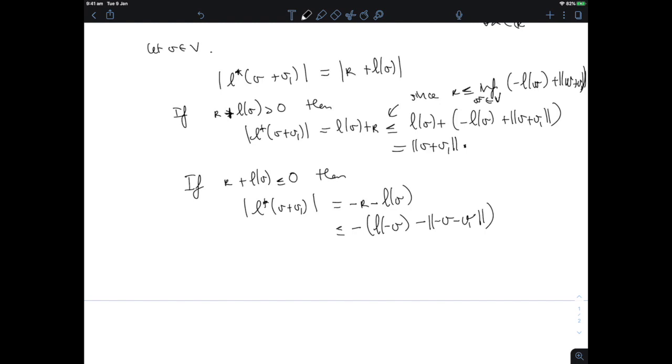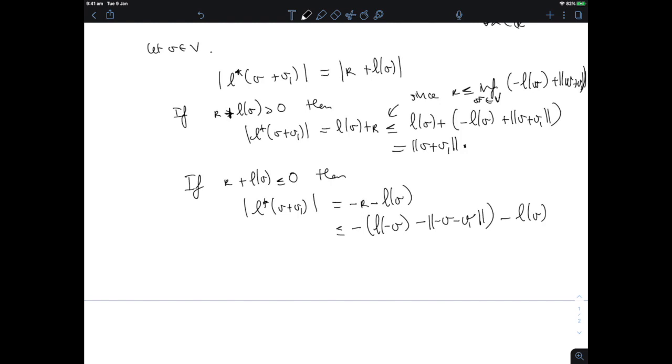Right, that's using the fact that R is greater than the supremum of L(u) minus norm of u minus V1. Okay, and that's minus L(v).